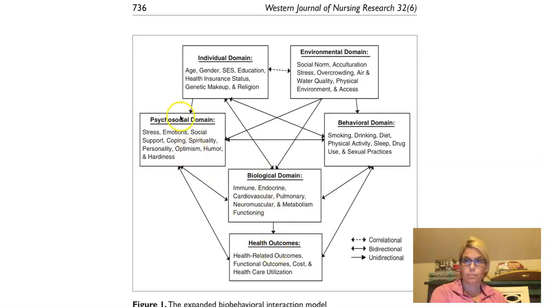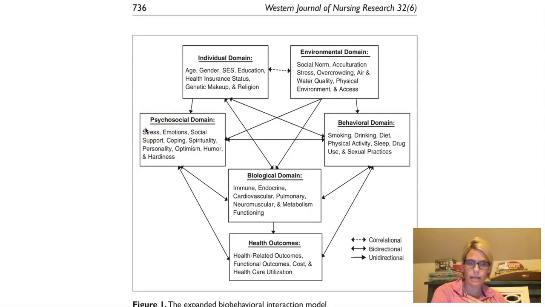For example, in the psychosocial domain, she has listed stress, emotions, social support, coping, spirituality. These are examples of different psychosocial variables. It's meant for the author, or the person wanting to apply this to their study or their review, to be able to put their own psychosocial variable there.